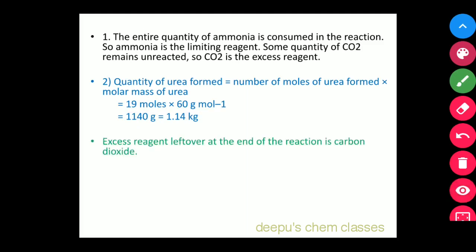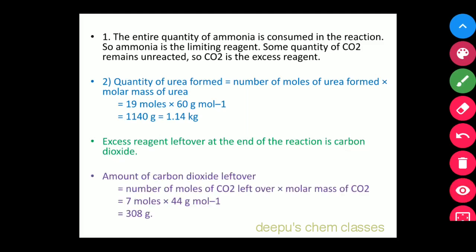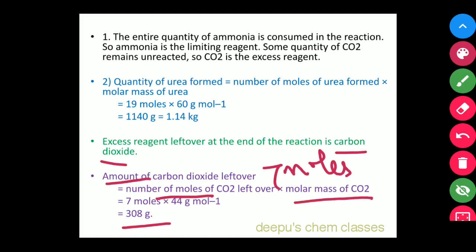Then let us see another answer. The excess reagent left over at the end of the reaction is carbon dioxide. Then we find out the amount of carbon dioxide left over. We know 7 moles of carbon dioxide is present at the end. We convert that into gram: the number of moles of carbon dioxide multiplied by the molar mass of carbon dioxide.